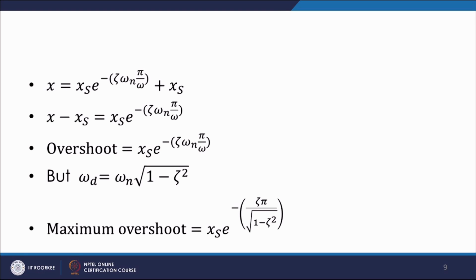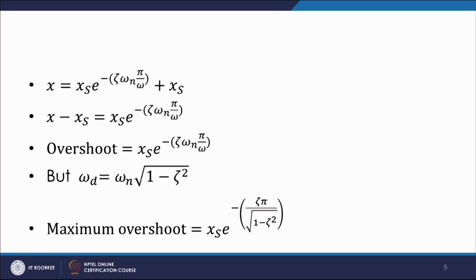We derived omega d in the last lecture as omega n under root 1 minus zeta square, where zeta is the damping ratio. So I can substitute this value here. I get the maximum overshoot as xs into e to the power of this particular parameter, where I have substituted omega d, and this omega n and this omega n get cancelled.